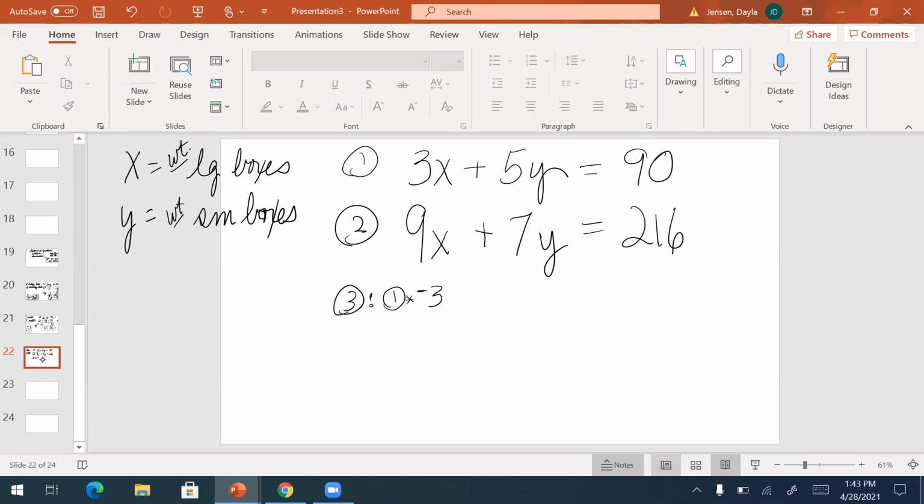And you're saying, why would I do that? Because that's going to give me minus 9x minus 15y equals minus 270. Okay, so now I'm going to add number 2 and 3 together.